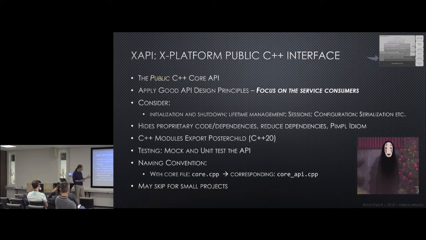It's also an opportunity to, for example, hide proprietary code, because this is something that we might give to a client as a compiled DLL or a compiled binary, which they might link against, although this is still cross-platform C++ code. But the client might be another team within the company.